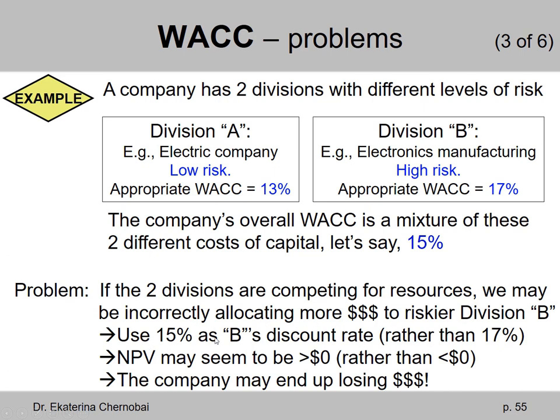And if it uses the 15% discount rate to evaluate the projects that Division B would be considering, rather than the correct 17% discount rate, then we might overestimate the net present value for the projects undertaken by Division B. The net present value may look like it's a positive value when in fact, if the 17% discount rate was used correctly, the NPV would have been a negative value.